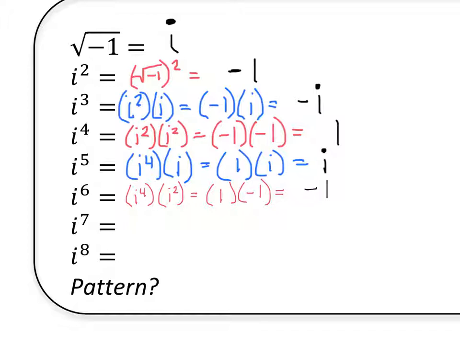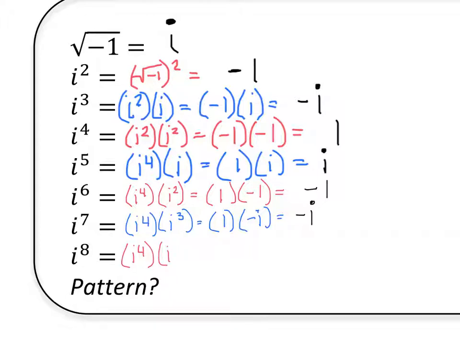Ooh, what do you think the next one's going to be? Catching on. Okay, so break down the next one. It'll be i to the 4th times i to the 3rd. i to the 4th was 1 times i to the 3rd, which was negative i. So what do we get? Negative i. What do you think the next one is? 1. Let's see if it is. Okay, so i to the 4th times i to the 4th, because 4 plus 4 is 8. So that's 1 times 1, which is 1.